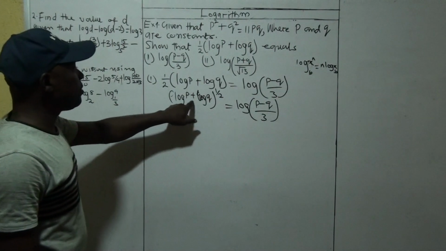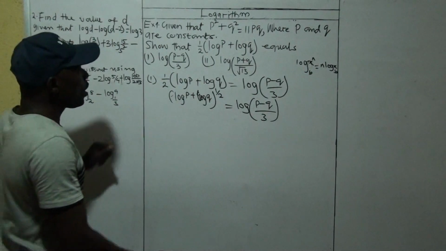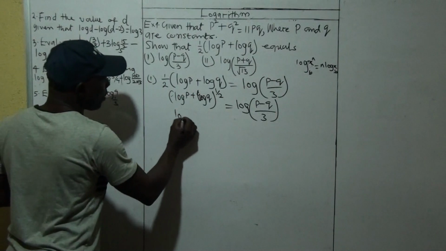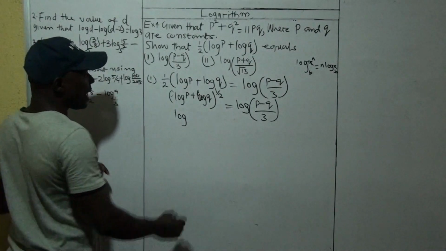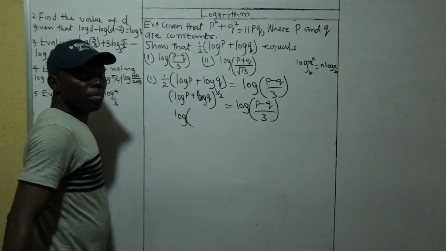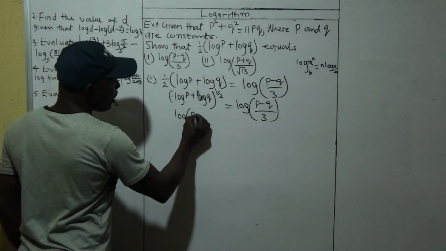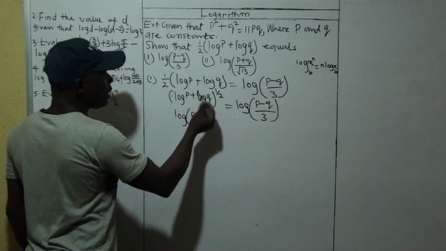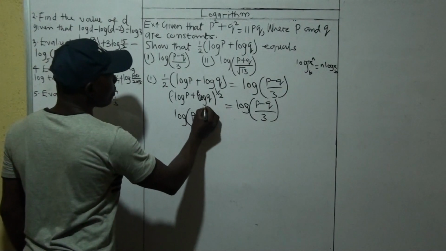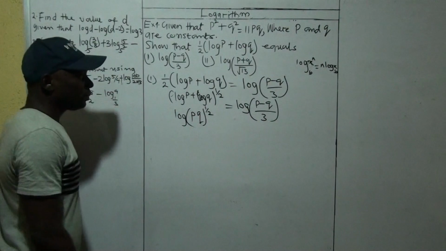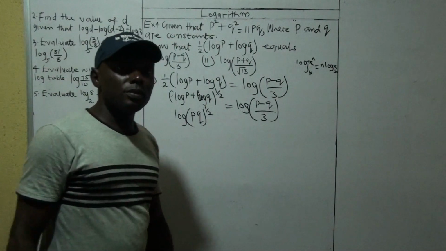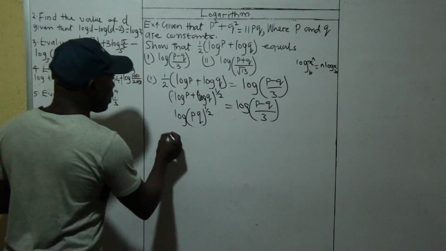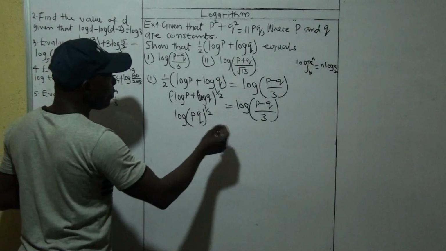Now the bases are the same and there is a multiplication sign here. So this becomes log, we bring the log outside and we have pq. pq here means p times q all raised to power half. Is that okay?